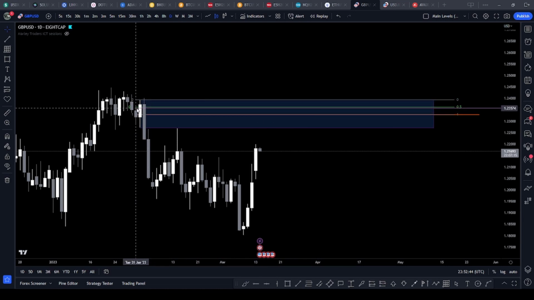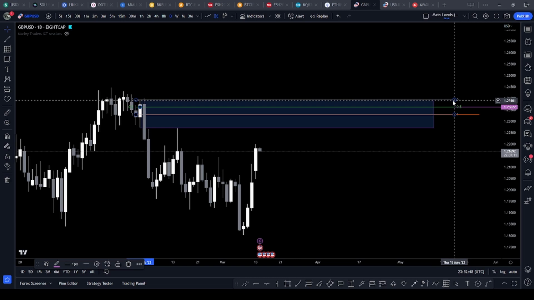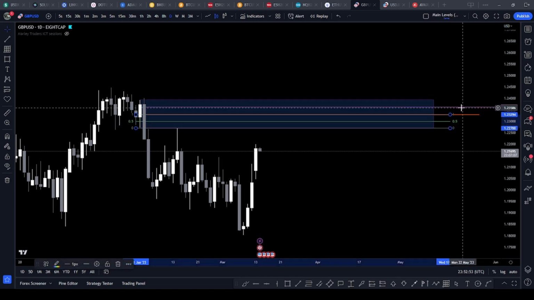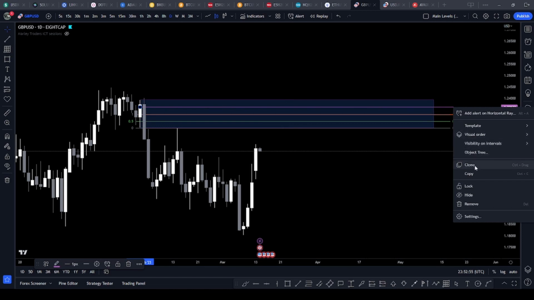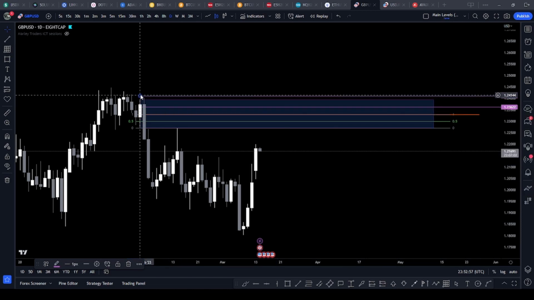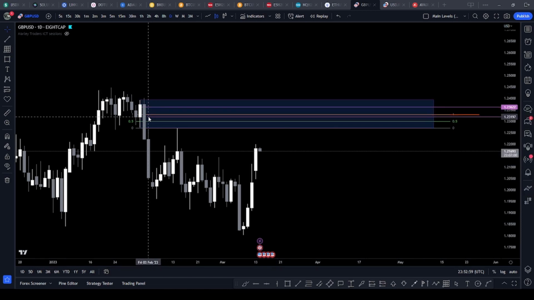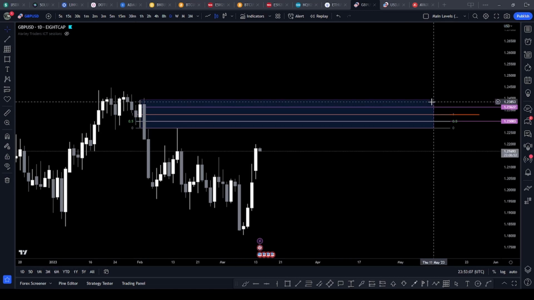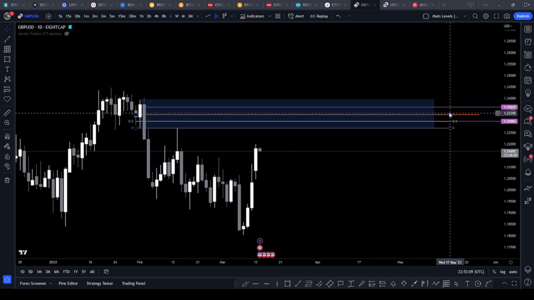So this becomes another area, and this also becomes another area. So let's just clone that, and you will see what I'm talking about.